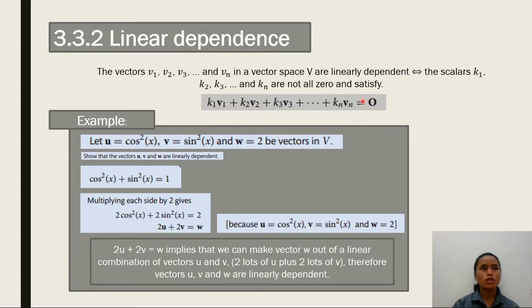So maybe -1, -2, or 2, or 3, not all 0, right? This is the formula for linear dependence.